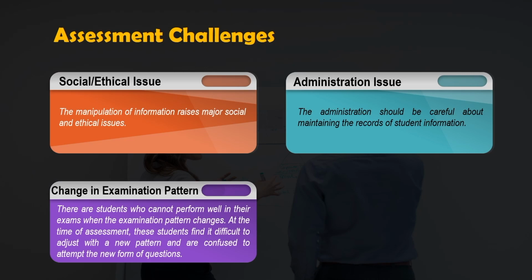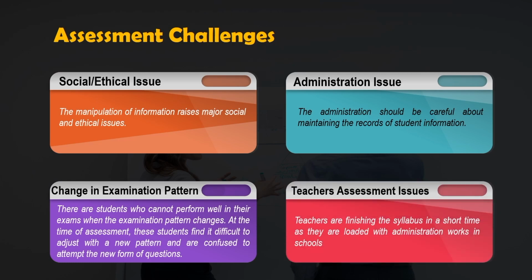There are students who cannot perform well in their exam when the examination pattern changes. So, at the time of assessment, students find it difficult to adjust to the new pattern and they are confused to attempt the new form of questions. And there are a lot of teacher assessment issues. Teachers are finalizing the syllabus in a short time as they are loaded with administrative work in schools and colleges.